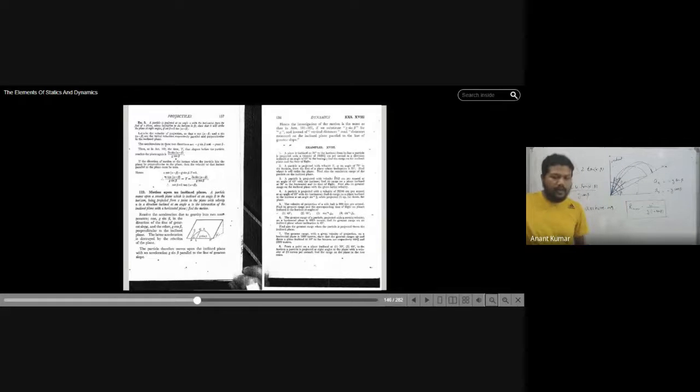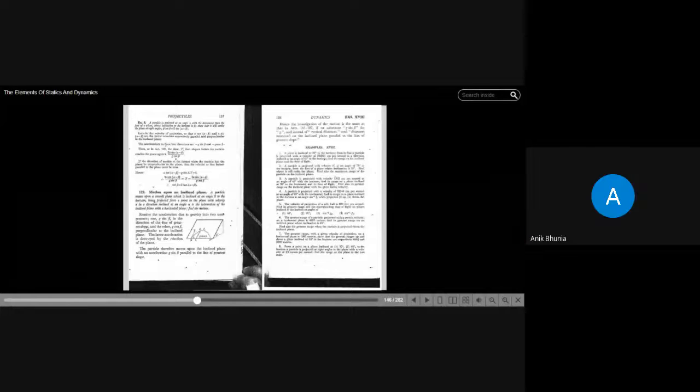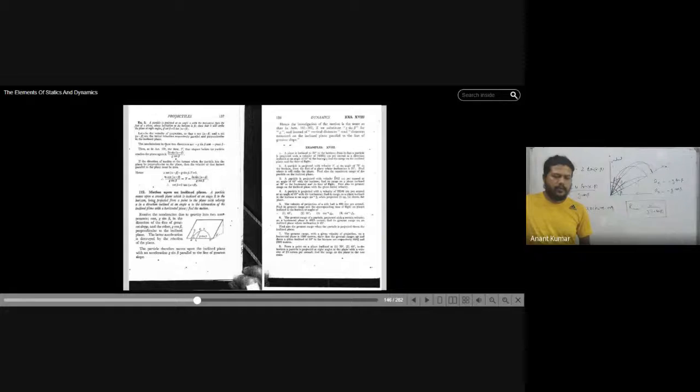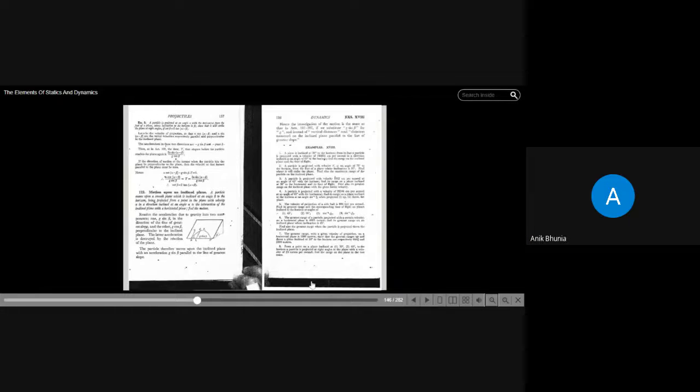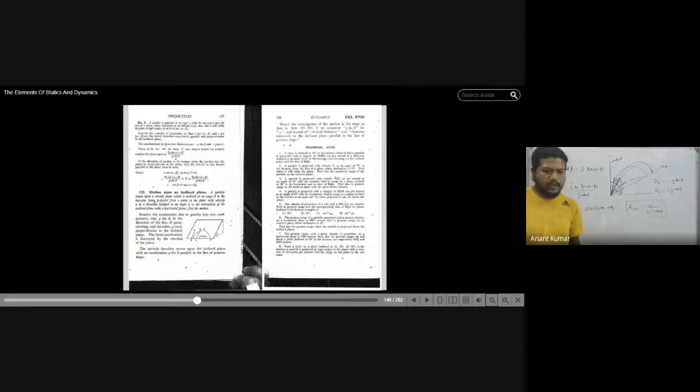That'll make it clear. I will read the first line of the first question. The plane is inclined at 30 degrees to the horizon. That is the one I want.